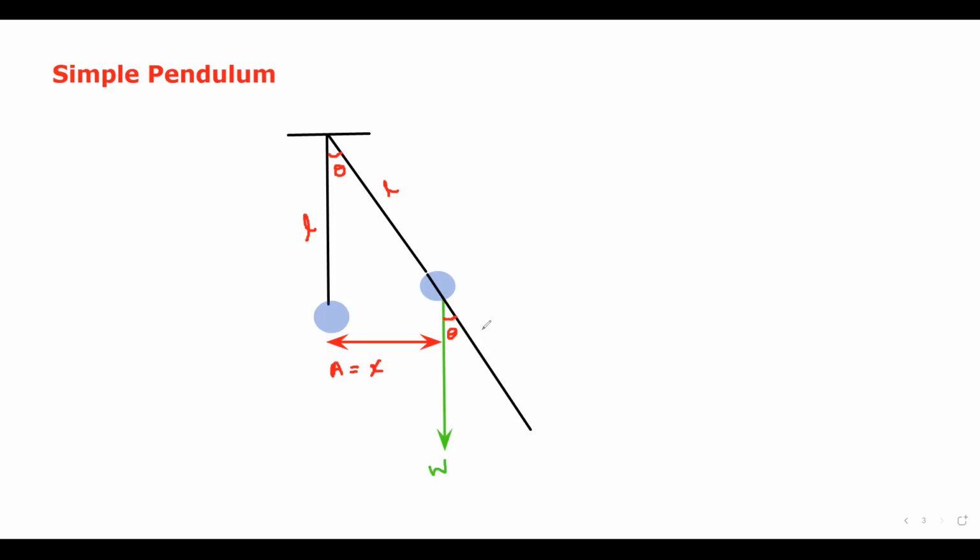The one along the angle will be W cosine theta, and against the angle will be W sine theta. So W sine theta is the component of the weight which is directed toward the center, responsible for the motion towards the mean position. We have the formula F is equal to ma, force is equal to mass multiplied by acceleration. What is the force here which is causing the acceleration? That is equal to W sine theta. So W sine theta is equal to ma.